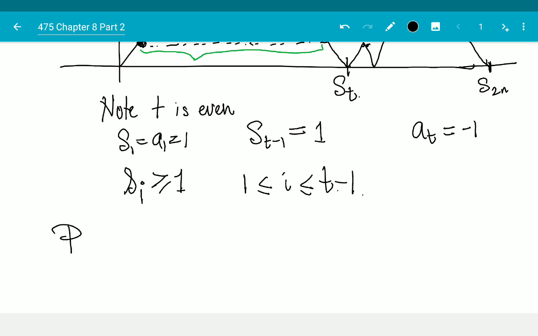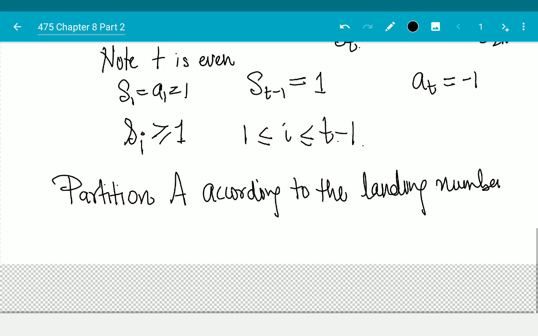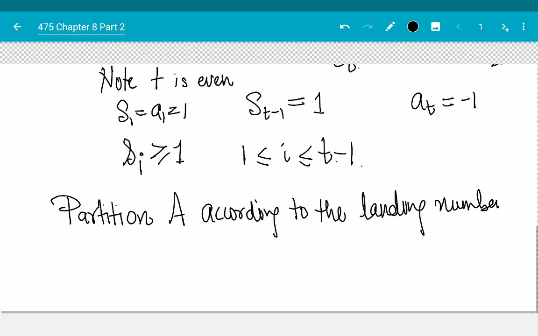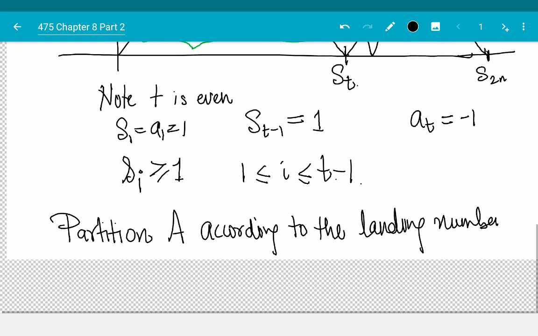Okay, so partition A according to the landing number. And the landing number can be anything between 2 and 2n, right?